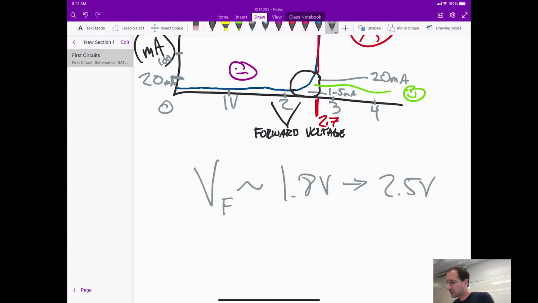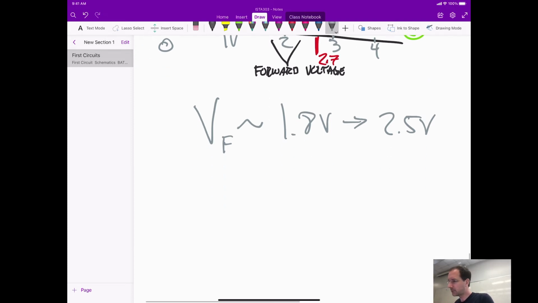In fact, one of the things that makes this vary the most is what kind of color you're talking about. And so LEDs that are red are some of the oldest LEDs, and we're very good at manufacturing those, and so they use very little power to generate their light, and so those tend to have forward voltages around 1.8 volts. Again, this is just a general rule.